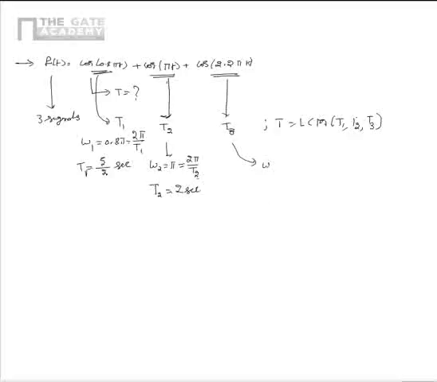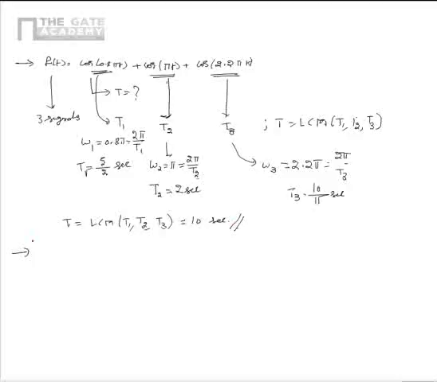Similarly, for the third signal, the angular frequency omega 3 is equal to 2.2 pi, which is equal to 2 pi by T3. From this, we can write that T3 is equal to 10 by 11 second. So, the overall time period of the signal T is equal to LCM of T1, T2, T3, that is equal to 10 seconds. From this we see that the fundamental time period of the signal is 10 seconds.